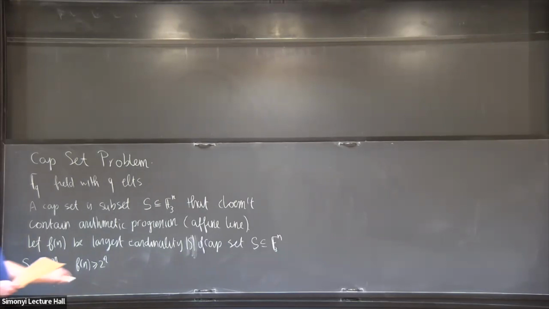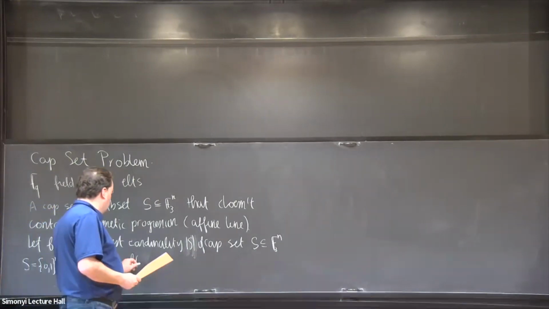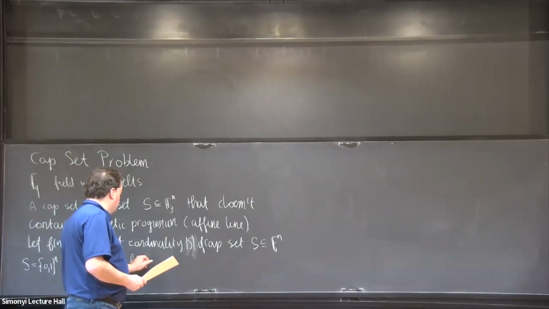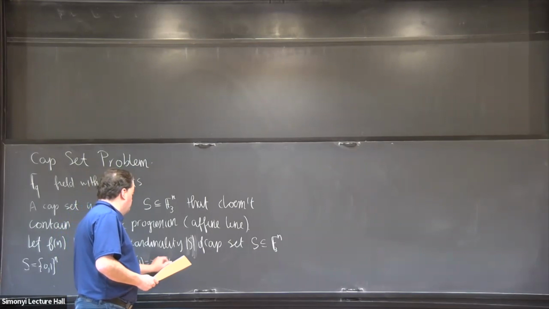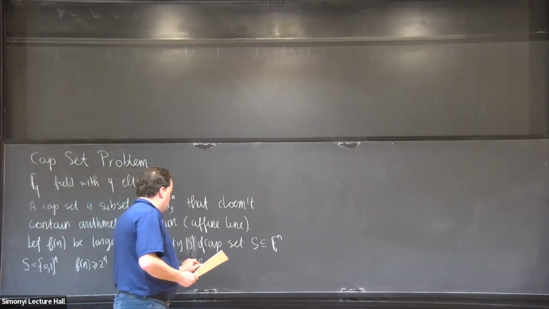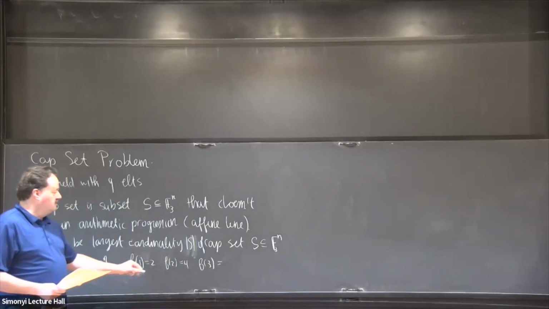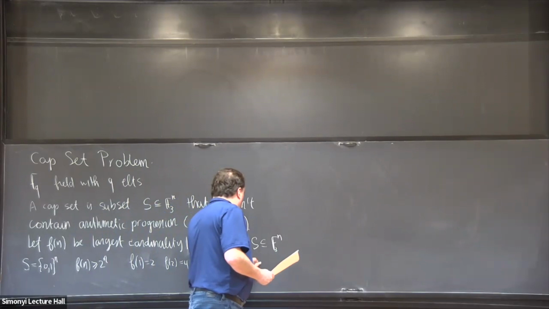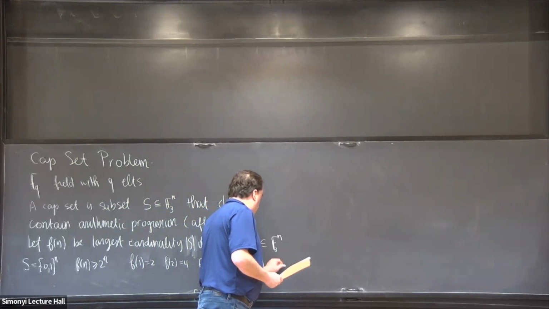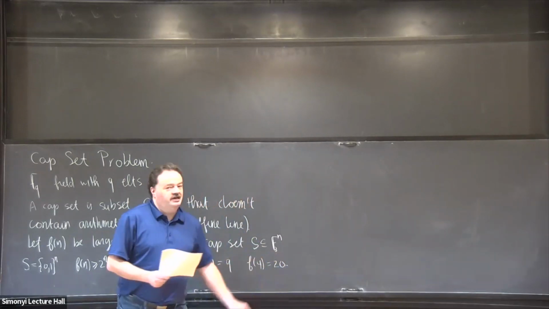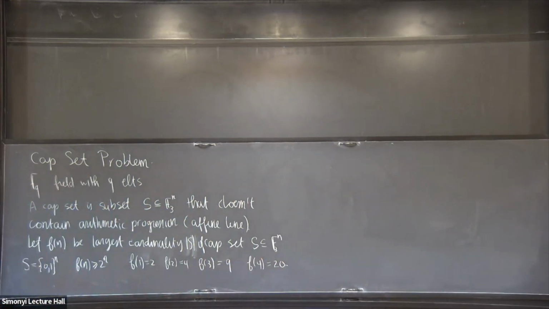And actually, for small n, f_1 is equal to 2, f_2 is equal to 4, f_3, you might expect 8, but it's actually 9. And f_4 is actually 20.